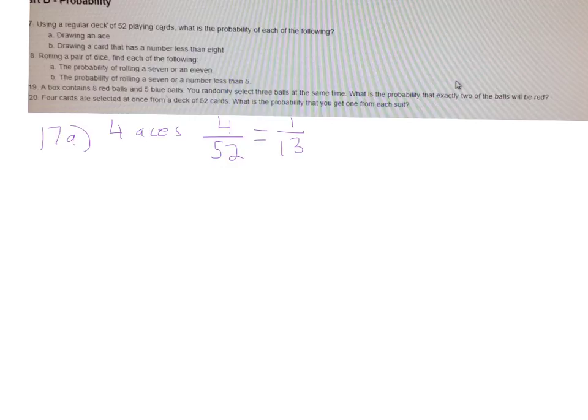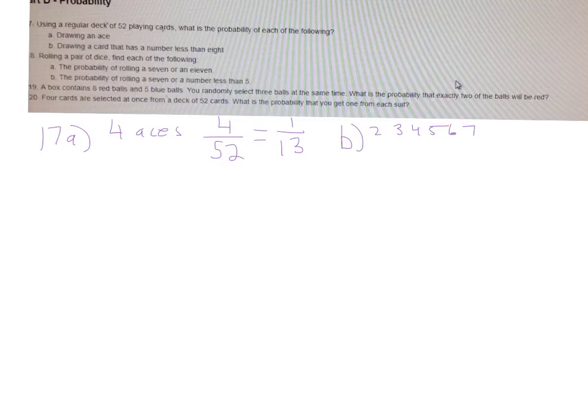For part B, drawing a card that has a number less than 8. So we're considering for cards, there's no 1 or 0 because we call an ace a face card. Well, not a face card, but excuse me. 2, 3, 4, 5, 6, or 7 would satisfy the description for 17B, drawing a card that has a number less than 8. So for each of these, just like with the aces, there's 1 in each suit.